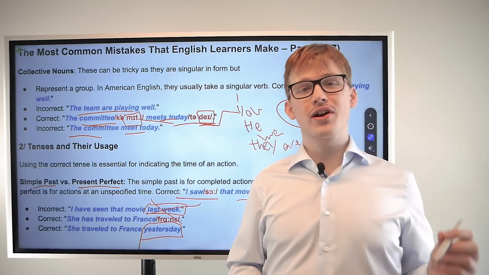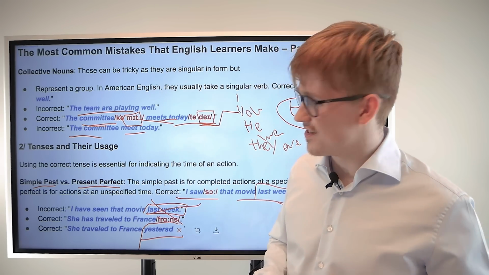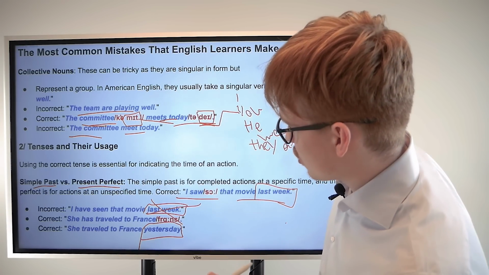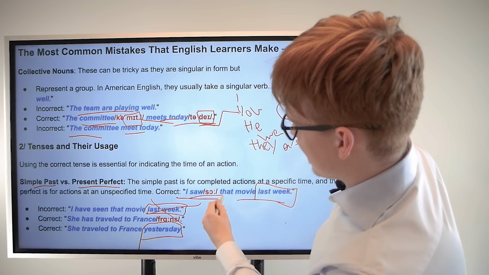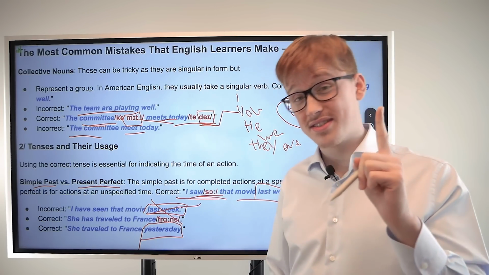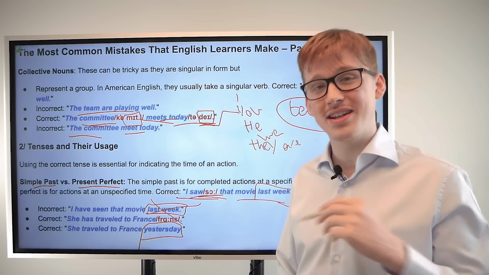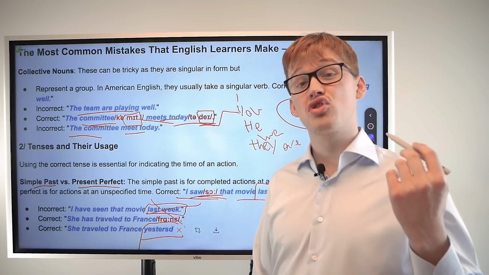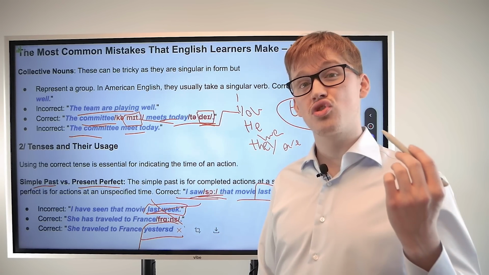Let's now have a look, as we always do, at the pronunciations. How would you say this word here? This is just one syllable. So remember, we don't need any stresses. How would you say this? Saw. Saw.